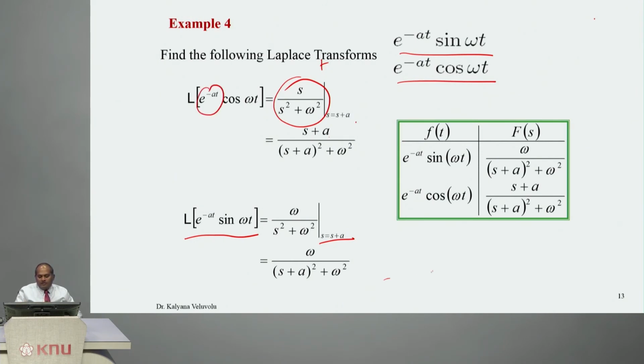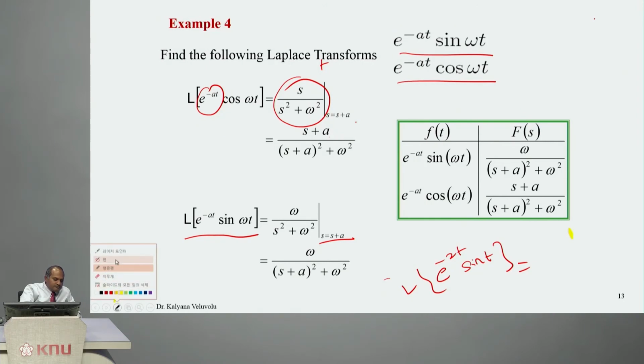For example, I want to find the Laplace transform of e power minus 2t sin t. What is the Laplace transform of sin t? Here omega equal to 1, so what I have is 1 by s square plus 1.